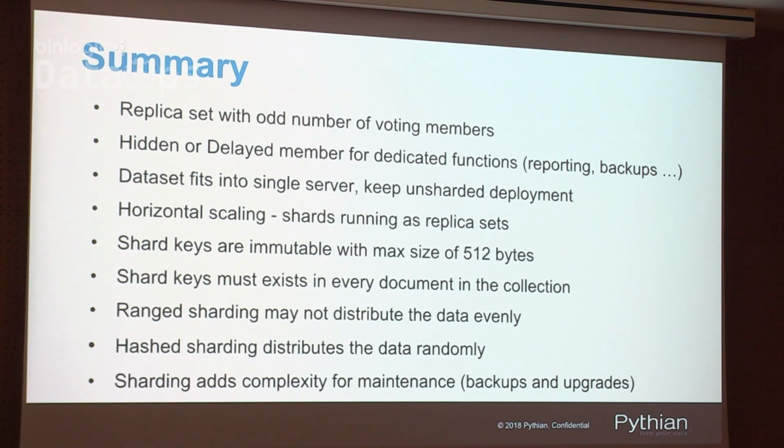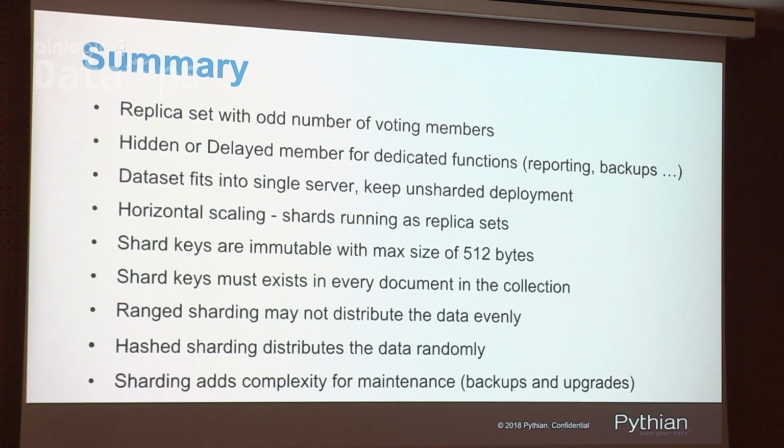When you have sharding enabled, always use your shards as replica sets so that each shard is highly available. Once you decide on sharding, the shard keys are immutable, and the max size of a shard key is 512 bytes. Shard keys must exist in every document in the collection. With range-based sharding, you may not distribute the data evenly, but with hash-based sharding, the data will be distributed randomly.